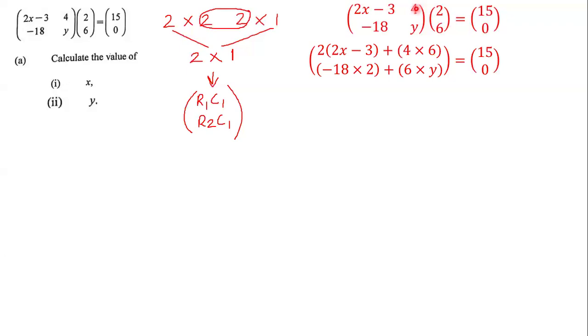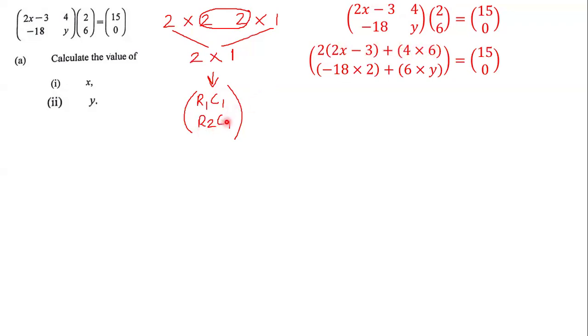Then we say 4 multiplied by 6. Again, row 1, column 1: this row multiplied by this column. 2x minus 3 multiplied by 2, and 4 multiplied by 6. That's what we have here.